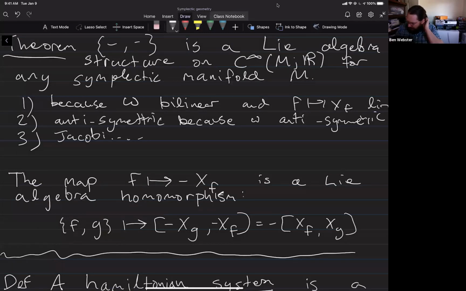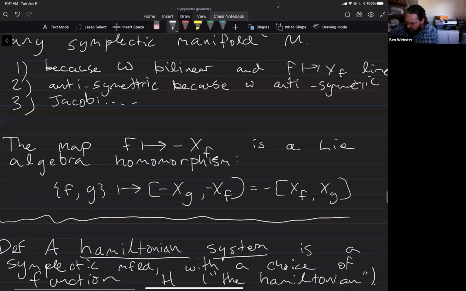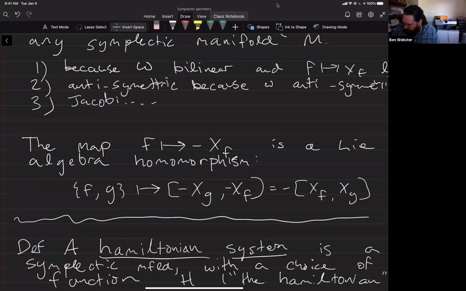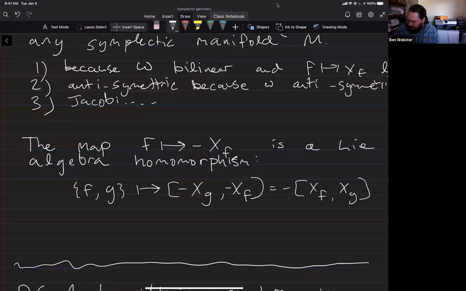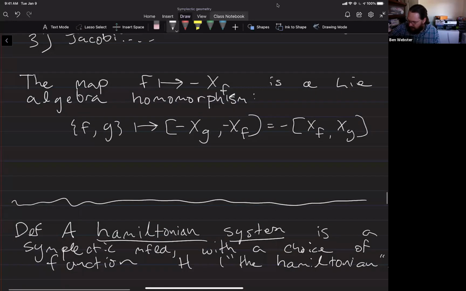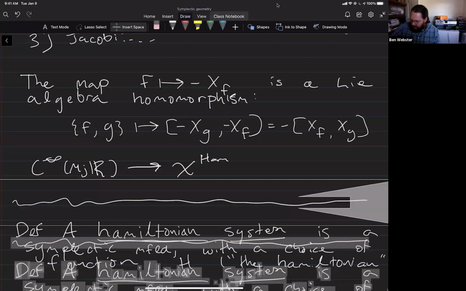And I'll just mention here, since I didn't write it out, this is a Lie algebra homomorphism from C infinity of M, R to the Hamiltonian vector fields. It's surjective by definition, right?